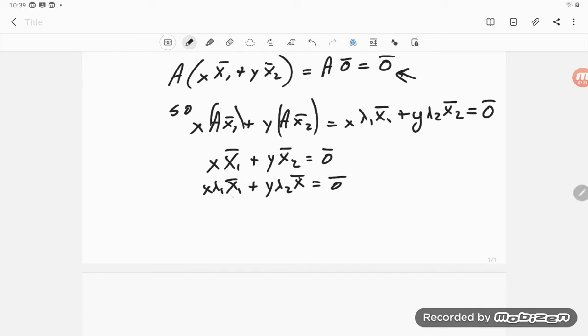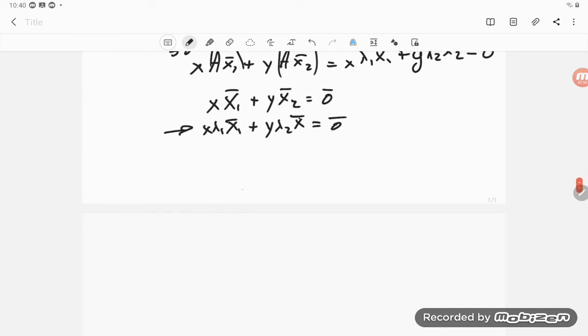And if I multiply through the top by lambda 1, actually I'm going to multiply through the top by negative lambda 1, and then add it to the second row here, I end up with negative lambda 1 x x1 minus lambda 1 y x2.